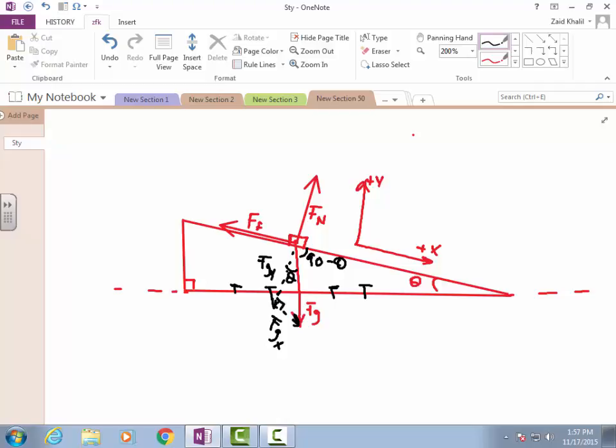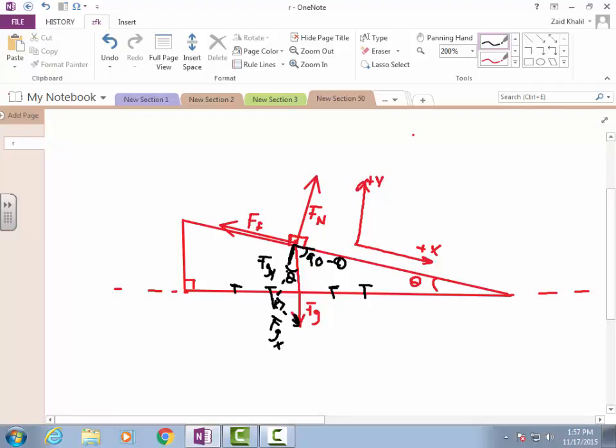Correct. This is parallel to that, correct? So FG would be the thing that intersects. So in other words, this is perpendicular to this. So this is perpendicular to that, which means that is a 90-degree angle. Then that's theta.